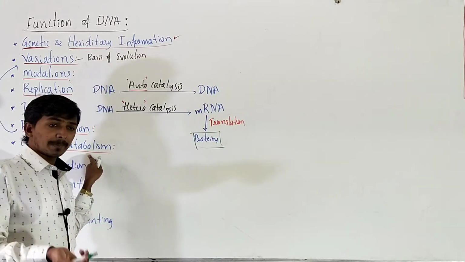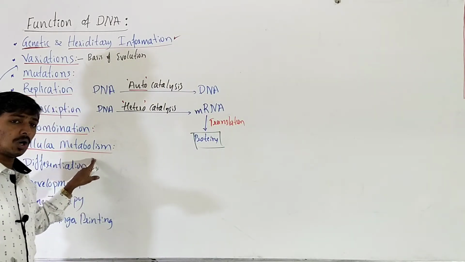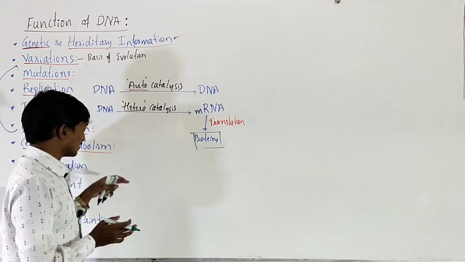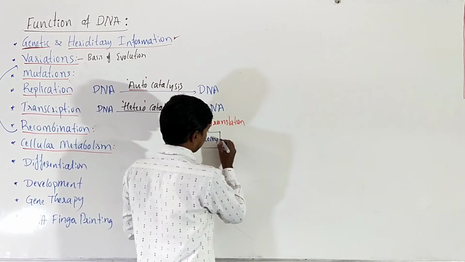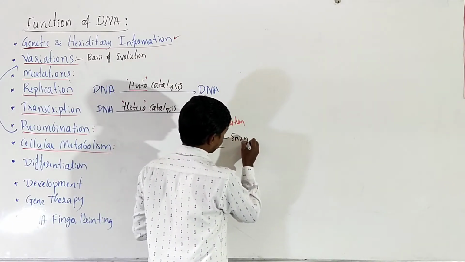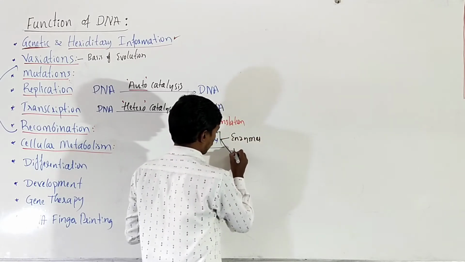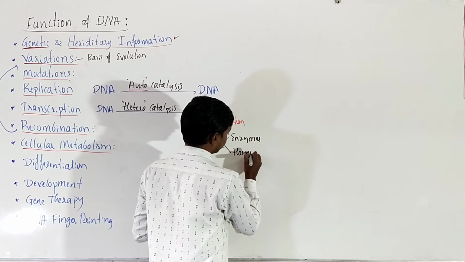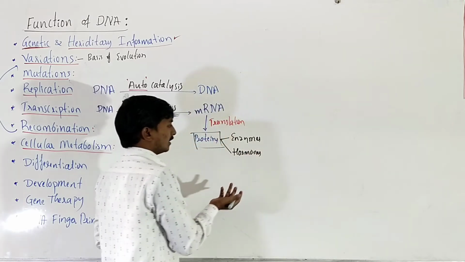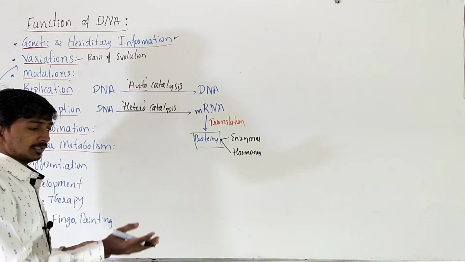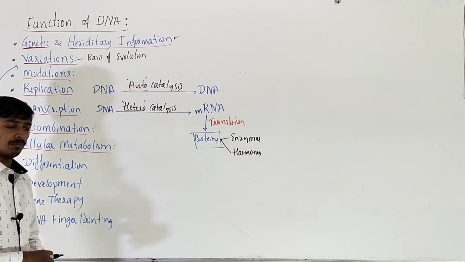Proteins are a major part of metabolism, because proteins can act as enzymes, proteins can act as hormones, or proteins may also help in any other chemical reactions in our body.